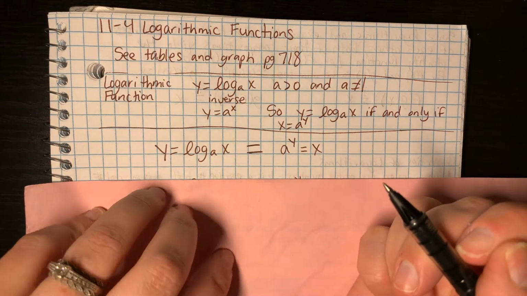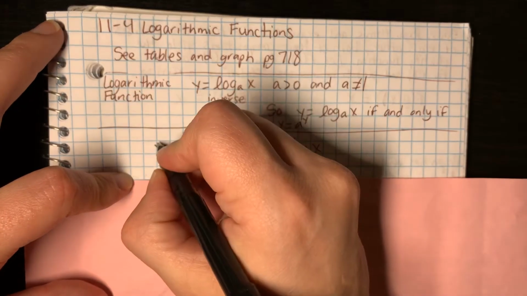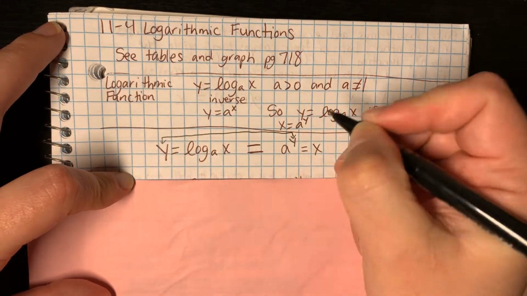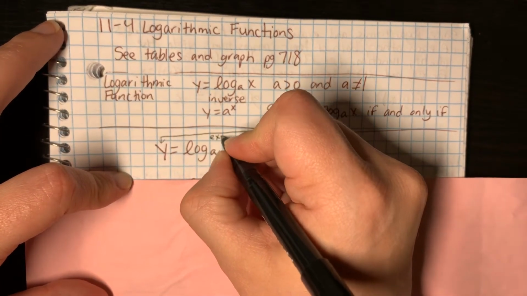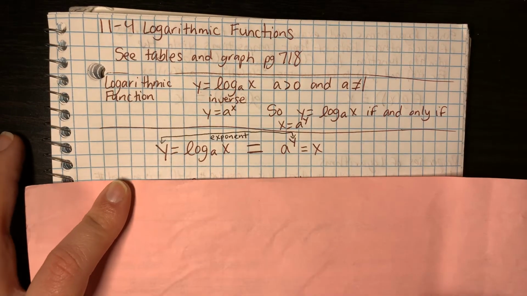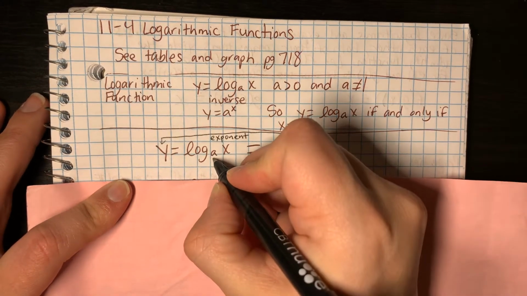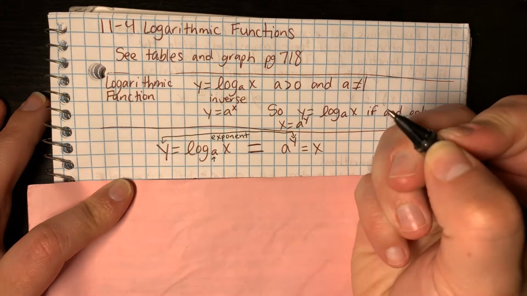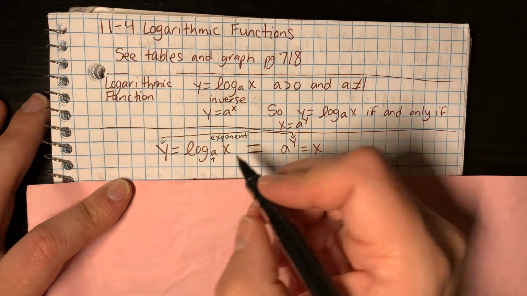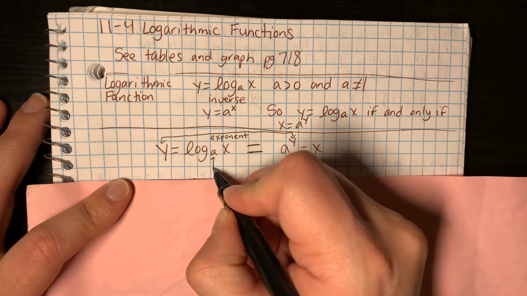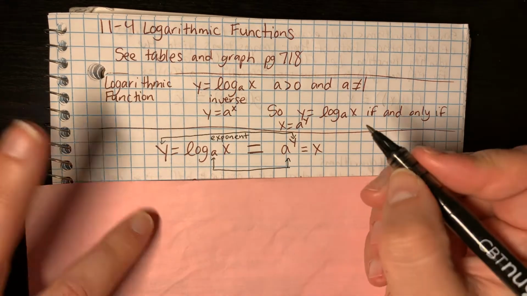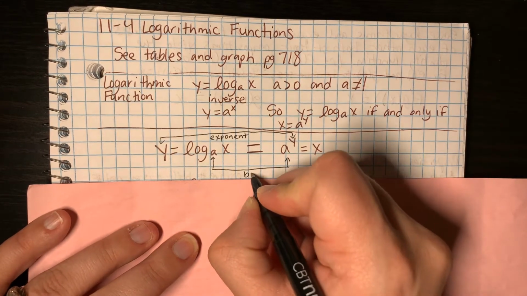So this piece right here, this y, is also this y. This is the exponent, okay? And this piece right here is going to be our base.